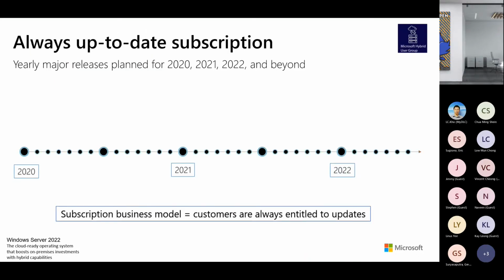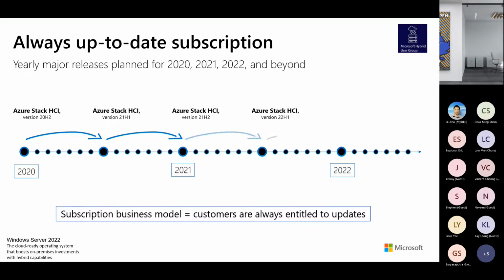Now, the interesting thing with 21H2 is that it is part of a continuum of Azure Stack HCI offerings that follows what we call a cloud rhythm. But it's also important to note that it uses a subscription business model, which means it's licensed on a per core per month basis at 10 US dollars per core per month.